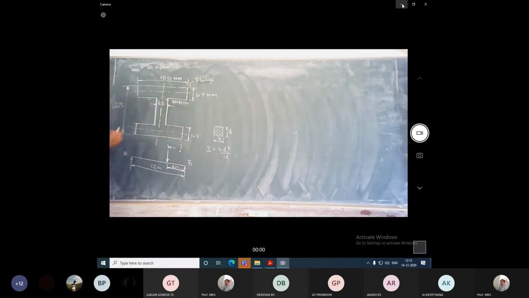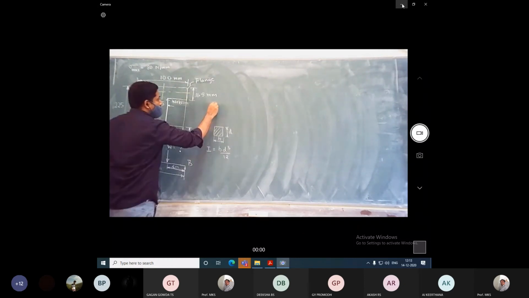Okay. Now let us consider this as a complete rectangular portion, just for reference. Let us find the moment of inertia for this I section. Let me consider it as a total rectangle and find the moment of inertia for this outer rectangle.